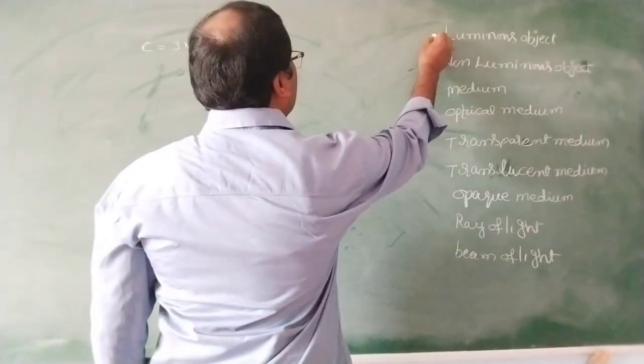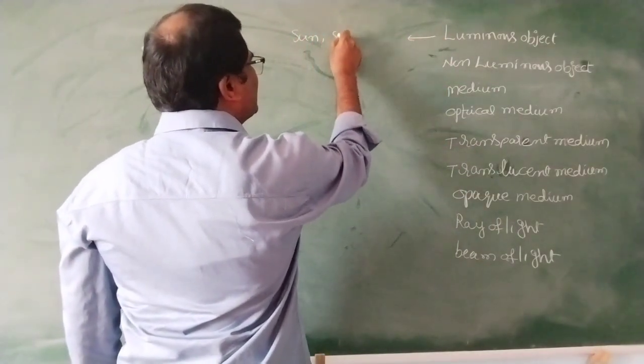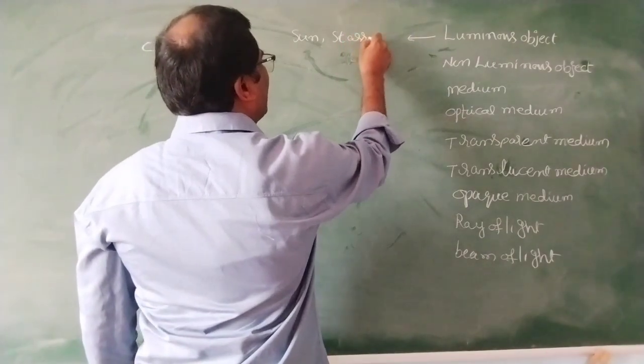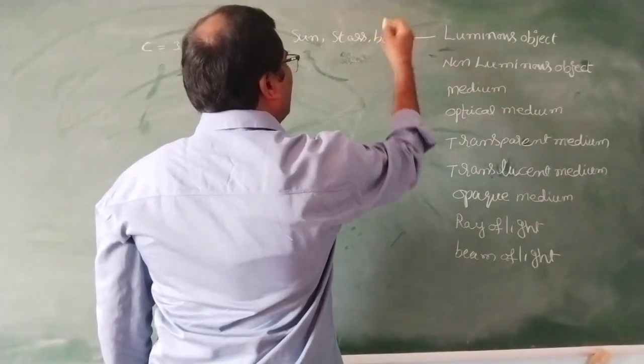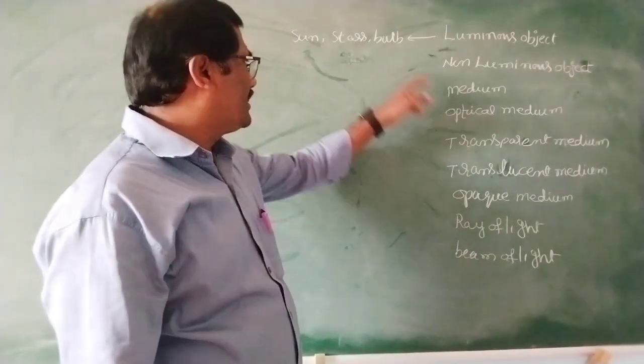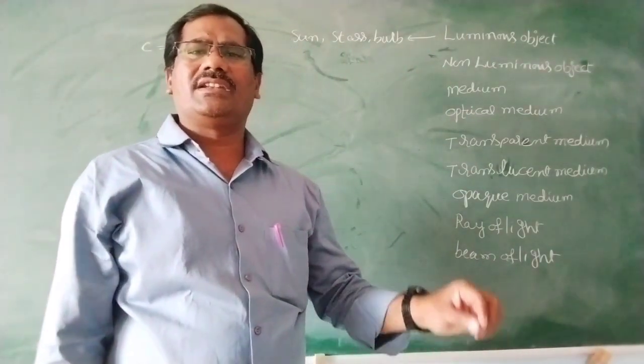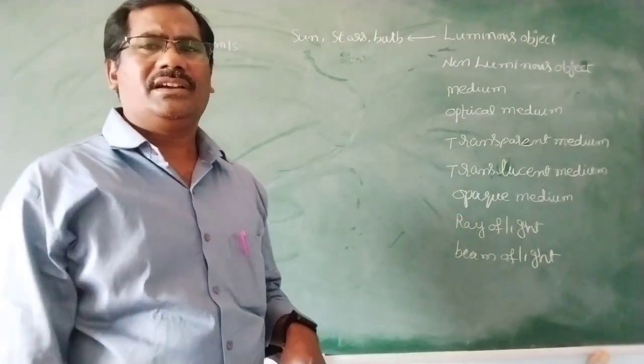What are the examples of luminous objects? The sun, stars, and bulbs, either electric bulbs or kerosene lamps. These are all luminous objects. Second, non-luminous objects.